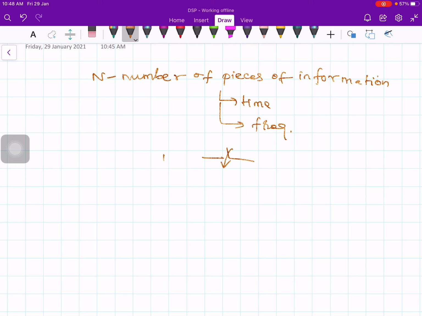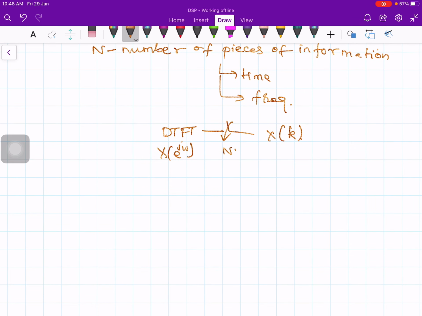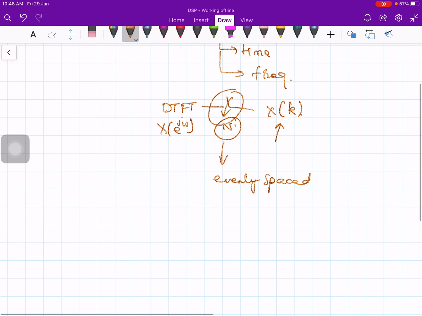You take the DTFT, the discrete time Fourier transform, denoted by X of e to the j omega, and sample it at capital N number of points, and you will get X of k. These capital N points are evenly spaced. Evenly spaced means what? Uniform sampling. So we employed uniform sampling.